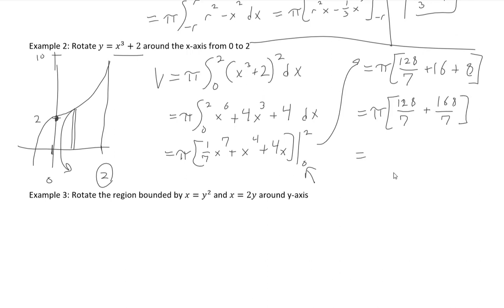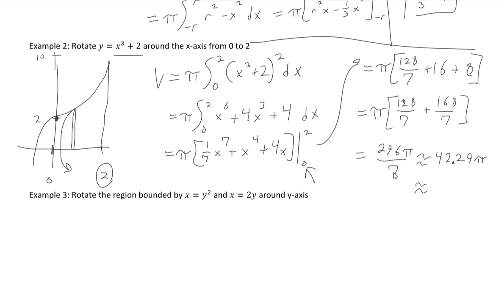And if I add 168 plus 128, I get 296. So pi times 296, I put pi after the number, 296 pi over 7. Or what is 296 divided by 7? It's never nice. 42.29-ish, 42.29 pi.